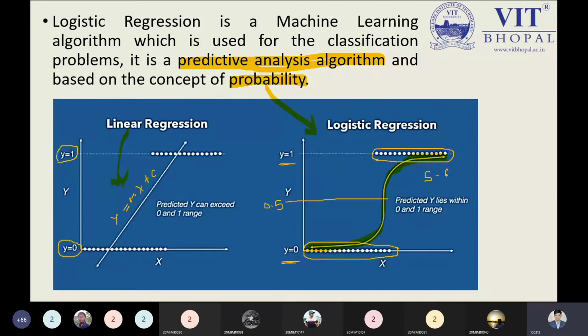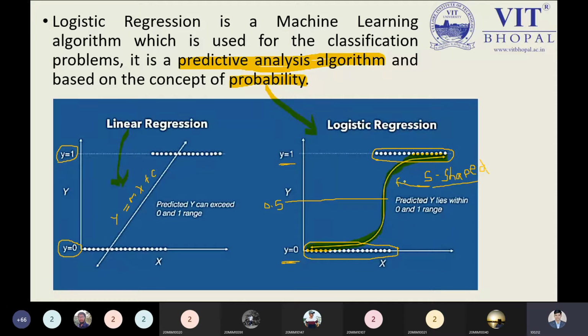The line or the curve is depicted in the form of an S shape. So in logistic regression, your information will always be depicted by the S-shaped pattern. This is the regression line, depicted in the form of an S shape. In linear regression, we have the straight line followed by the equation y equal to mx plus c.